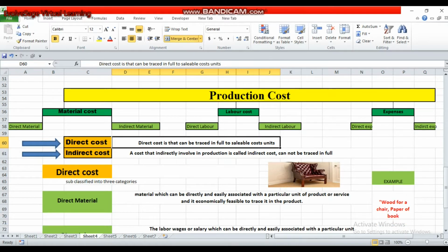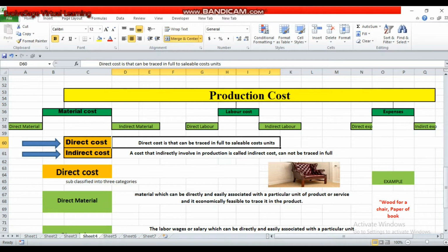So guys, for producing products we incur different types of costs in production departments. These costs consist of material cost, labor cost, and expenses. For producing products, definitely we require raw material.